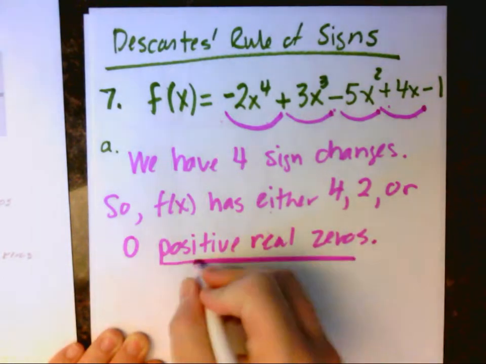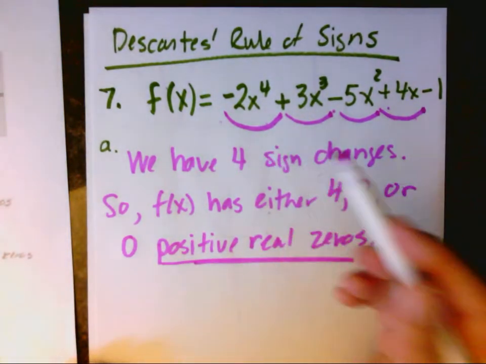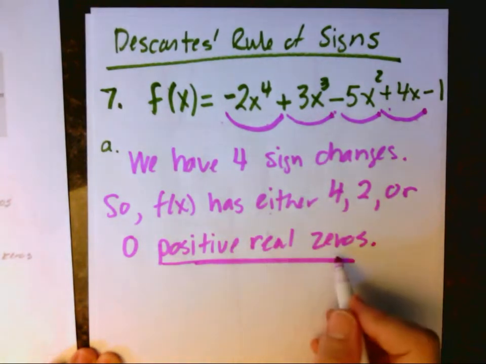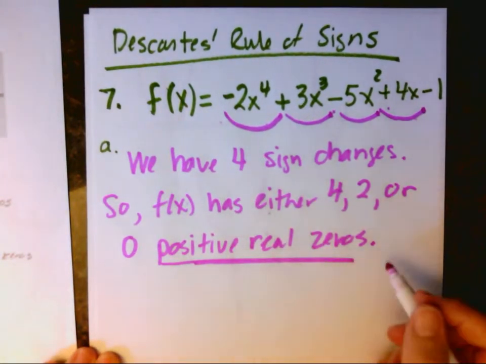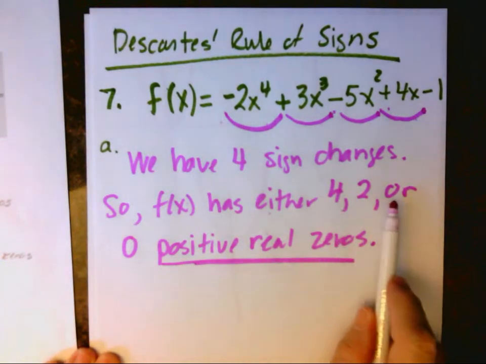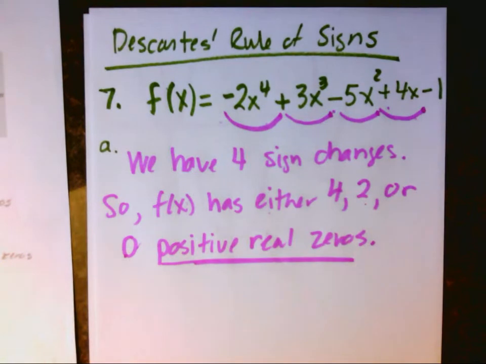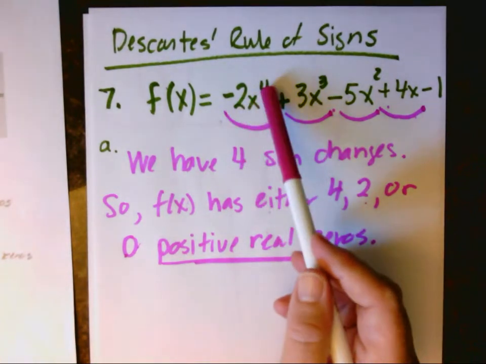It just tells us that when we go to graph this, it could have, in terms of positive real zeros, positive numbers that intercepts, right? It could have either 0, 2, or 4. And the reason for that is a little difficult to explain at this point because we haven't done the behavior of even and odd functions.